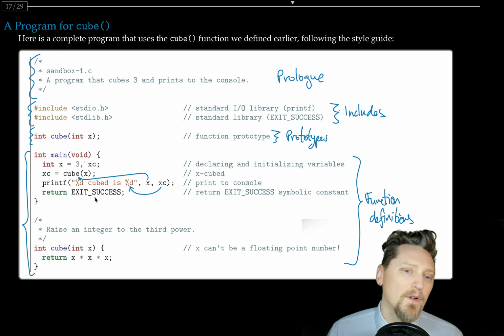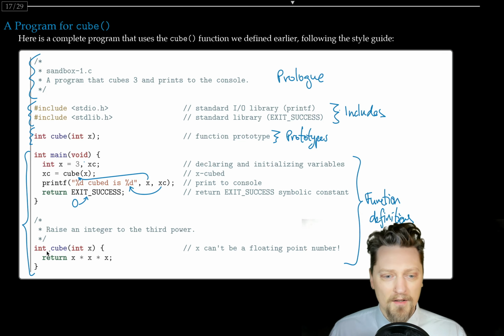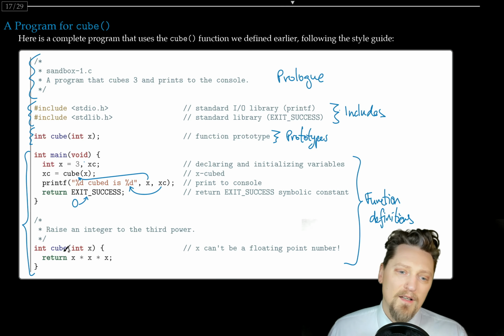Okay, then we have another block comment that says raise an integer to the 3rd power, which describes what we're going to do in the cube function definition. So now that we are ready to define it, we start out again with int cube(int x).